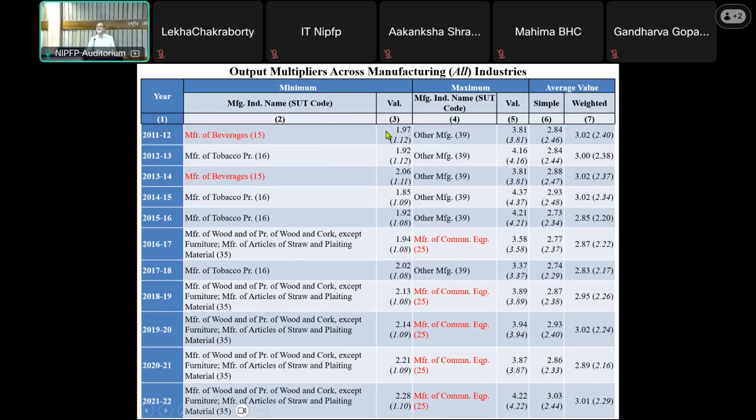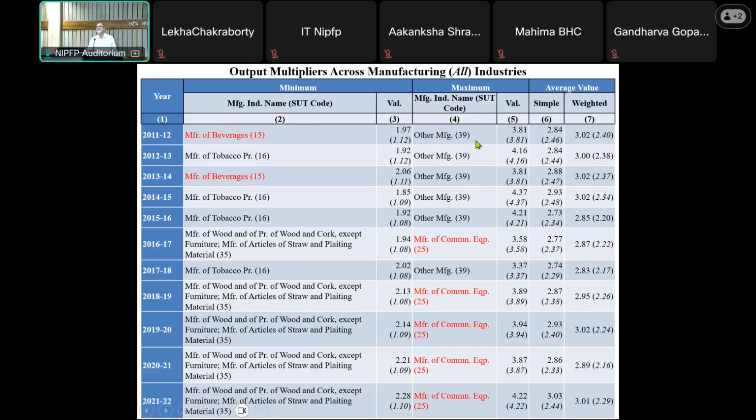But the minimum multiplier across all sectors is 1.12, which is for some other sector. The ones shown in red are also part of the production linked incentive scheme, but don't worry about the red coloration for now.